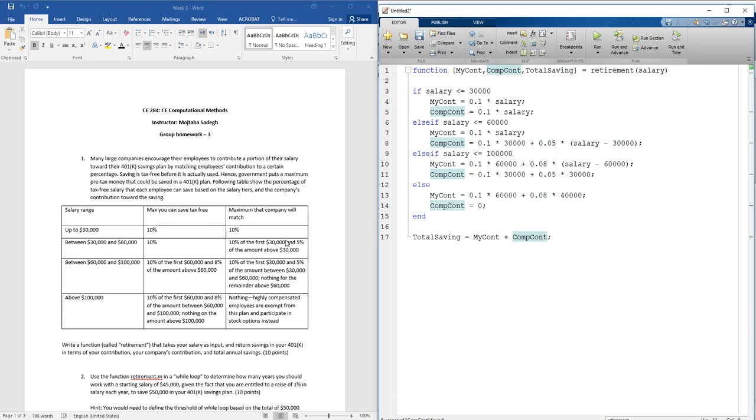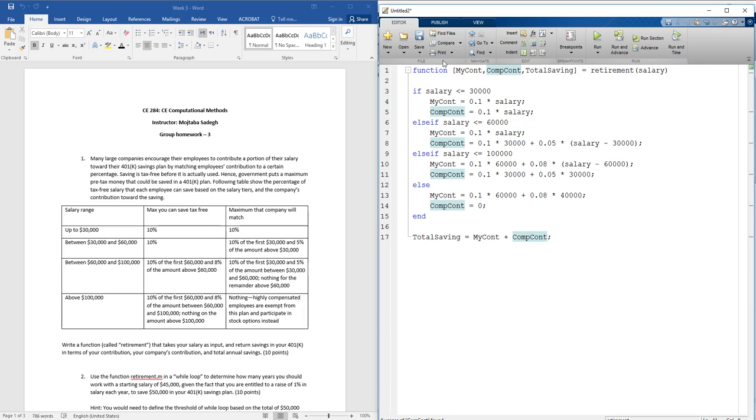Then if my salary is above 100K, contribution is 10% of the 60K, 8% of the 40K, that is between 60 and 100K, and nothing above 100K, so that's plus 0. And company's contribution is basically 0. So total saving is my contribution plus company's contribution, so that's done.